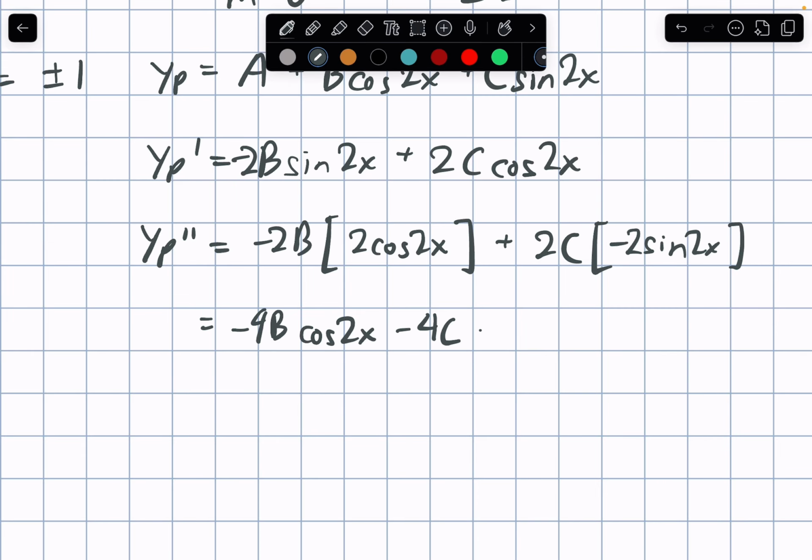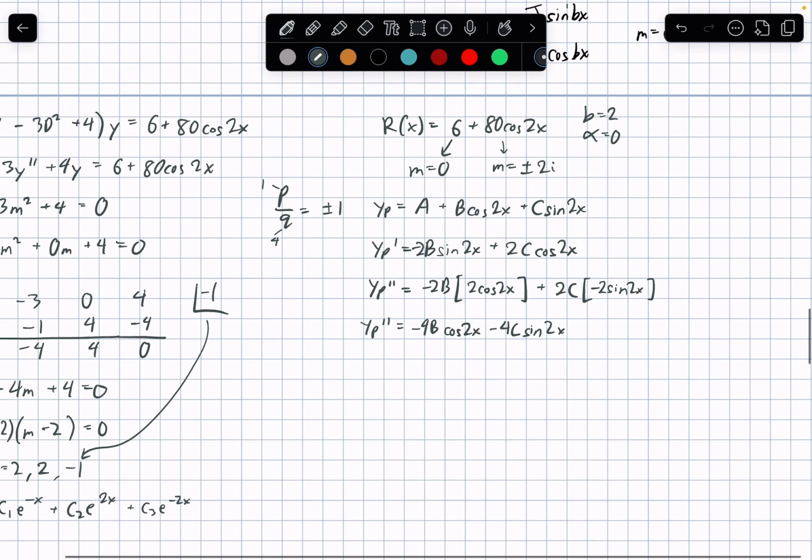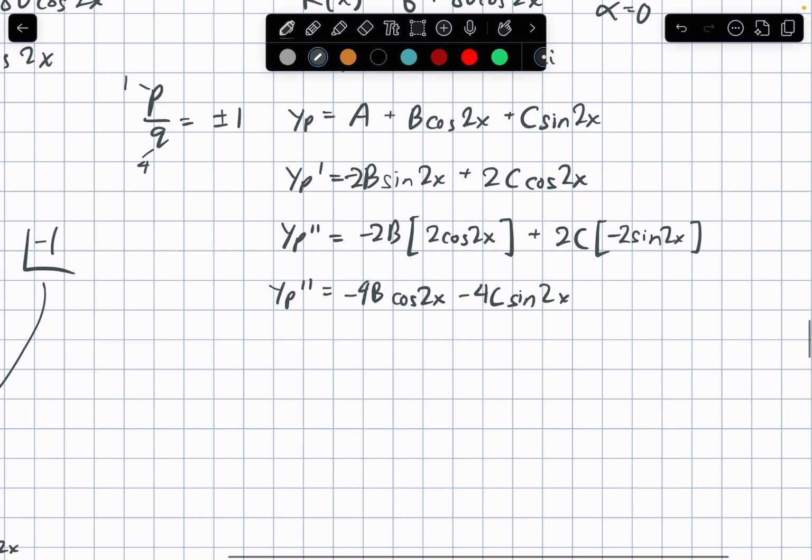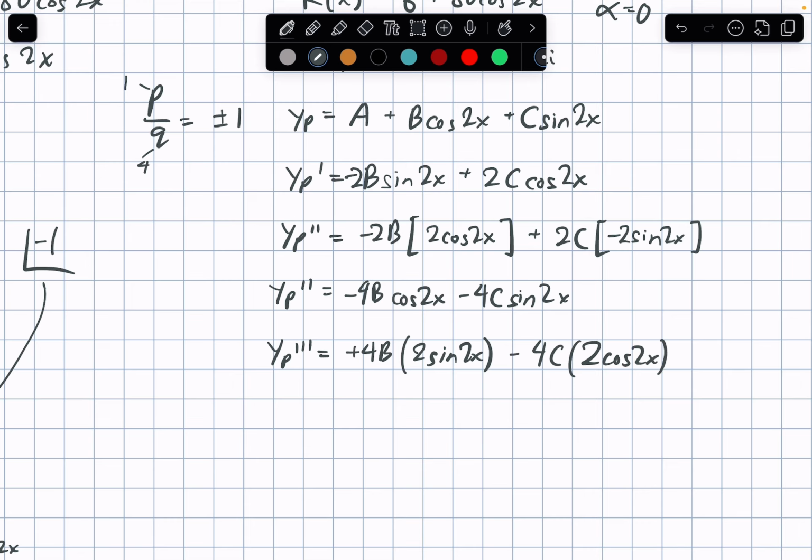Negative 4c sine 2x, yp double prime. Then yp triple prime: negative 4b cosine to sine negative, so this becomes positive. Derivative of 2x is 2, so 2 sine 2x minus 4c, that's an ugly c, 2 cosine 2x.